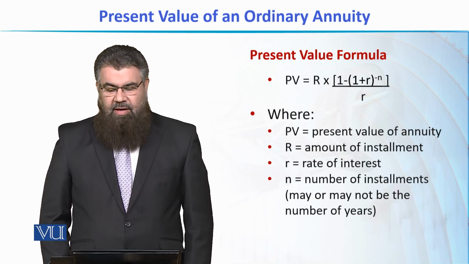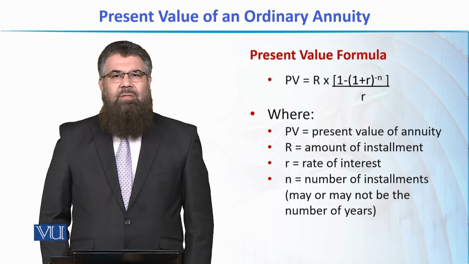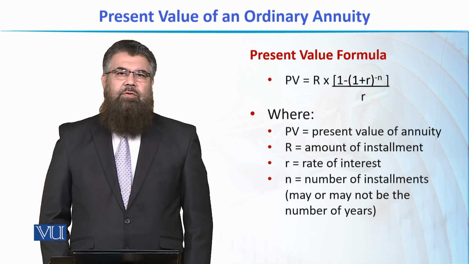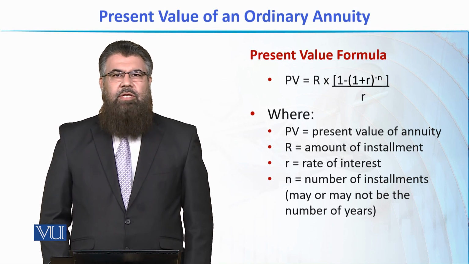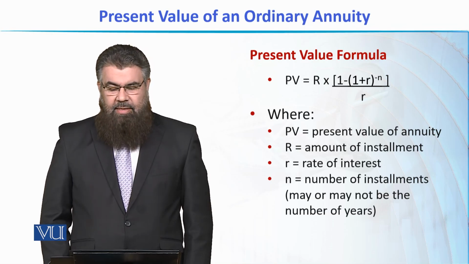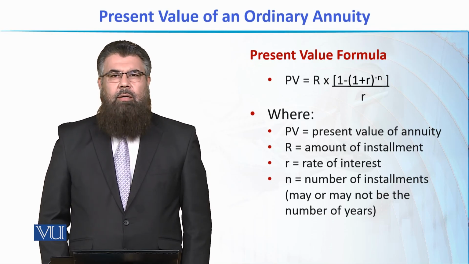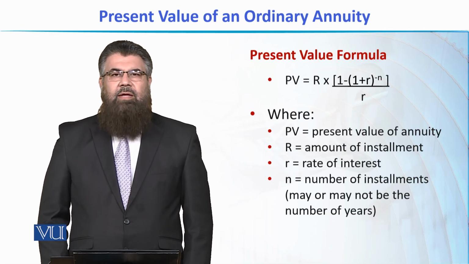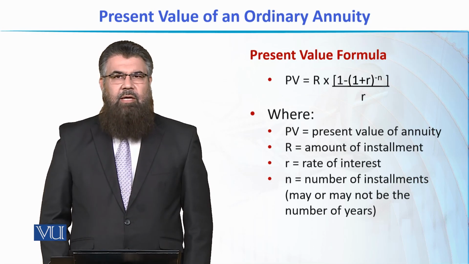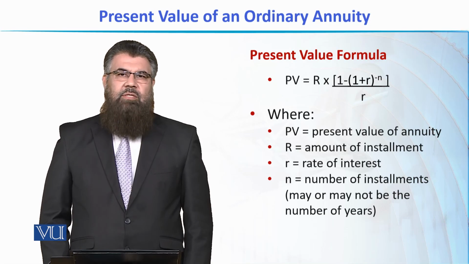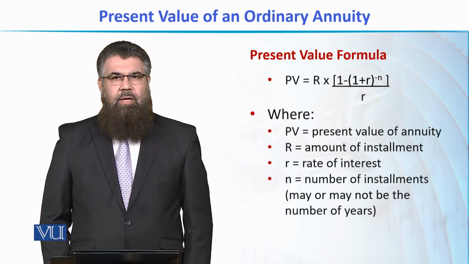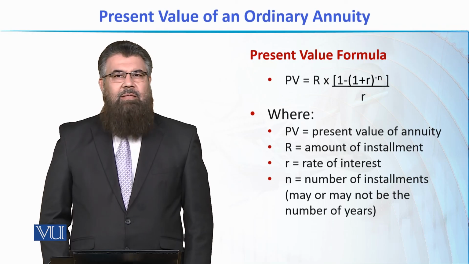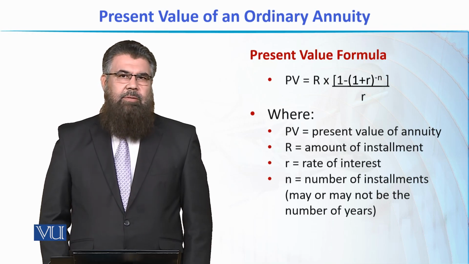In this formula, we have capital R, which is the symbol of the amount of installment, that is, the series of payments. And then we have small r, which is the rate of interest. When we are calculating the present value, this rate of interest is called the discounting rate, and n is the number of installments.